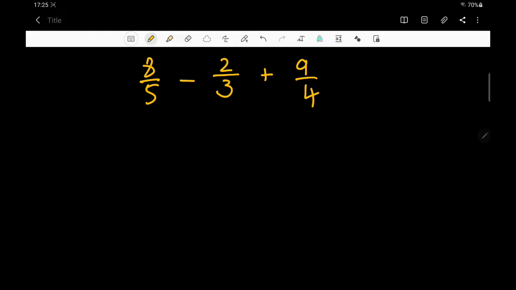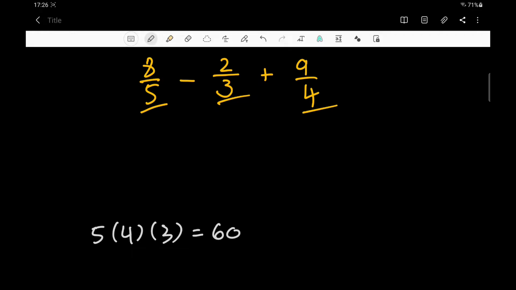So this time to find the common multiple, we're just going to multiply 5 times 3 times 4. It may not be the least common multiple, but it is a common denominator, just so you know. So if we multiply 5 times 4 times 3, this will give us 60. 60 is going to be the common denominator that we are going to try to get.